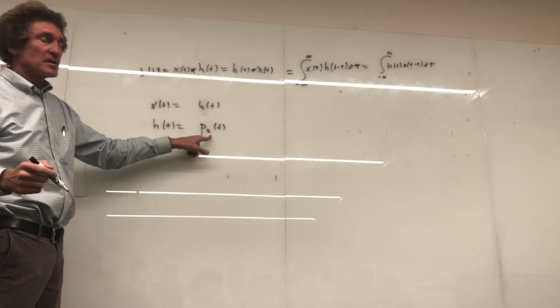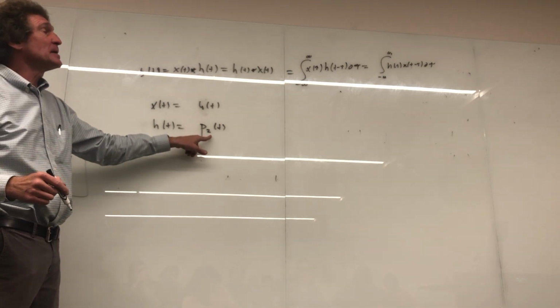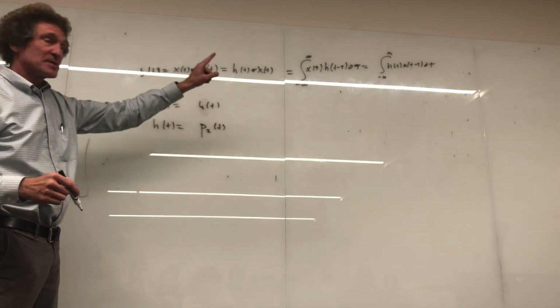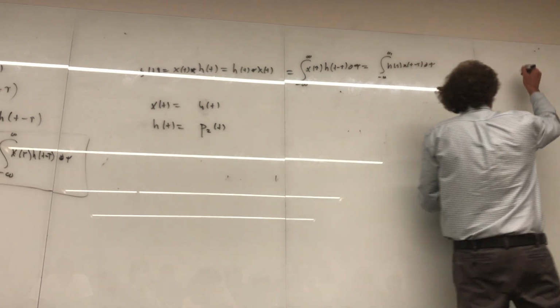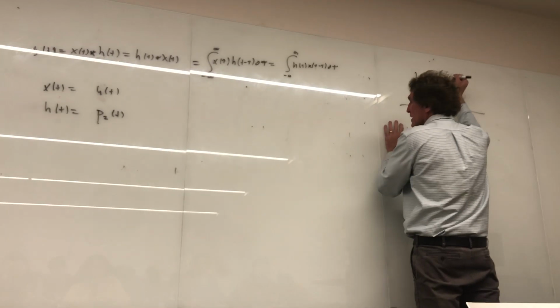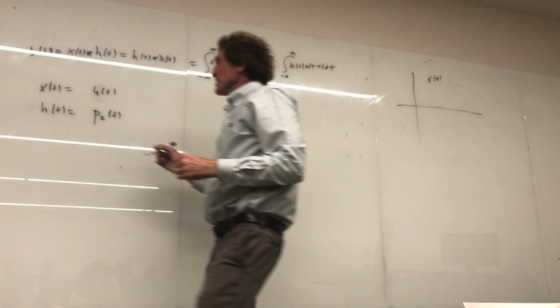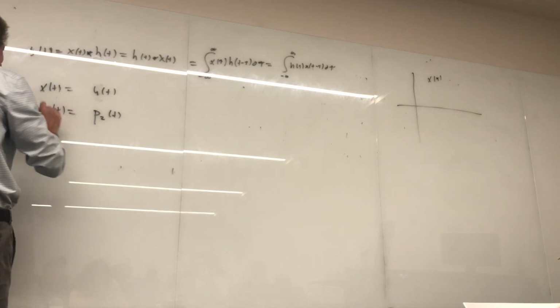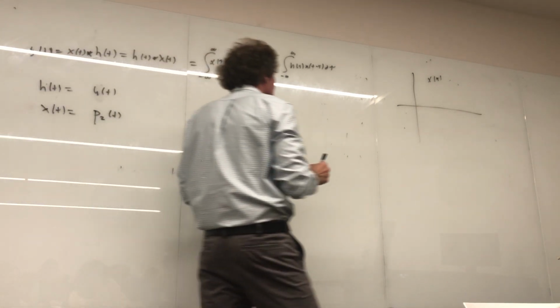So this function is the one I'm not going to flip and shift, and you'll see what I mean by it. It means it's going to be the x of tau. It's going to be the first function. And what I do is this. I start, and now I just graph my x of tau. This I'll make x, and I'll make this h, just because I want to make it as simple as possible.